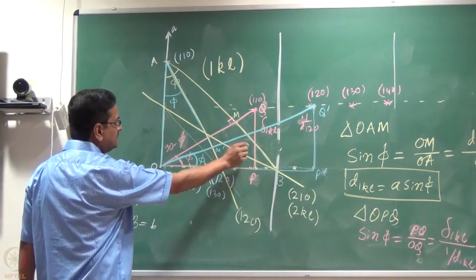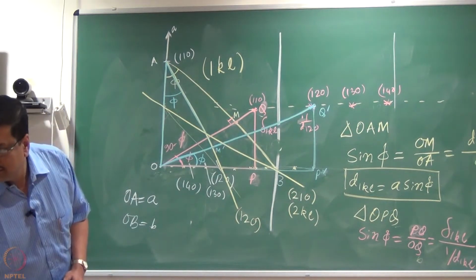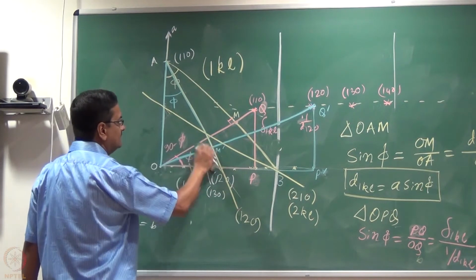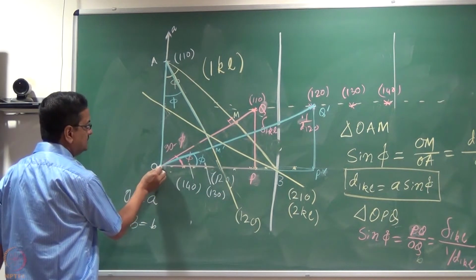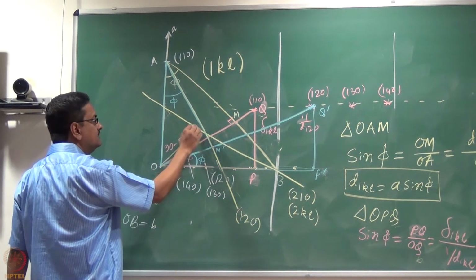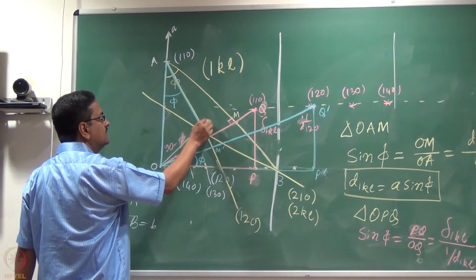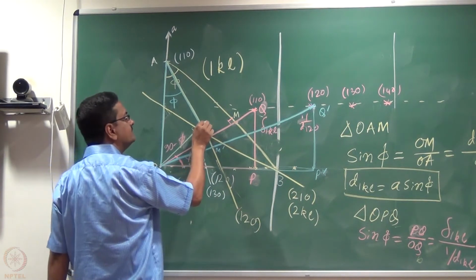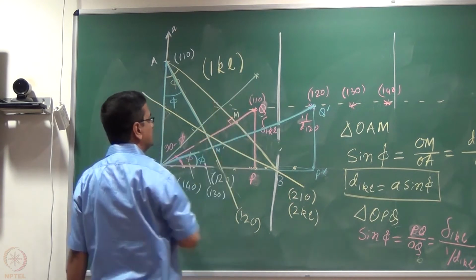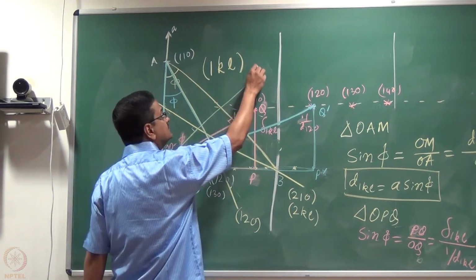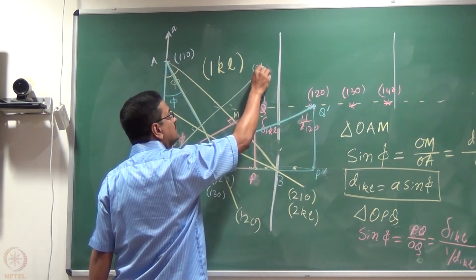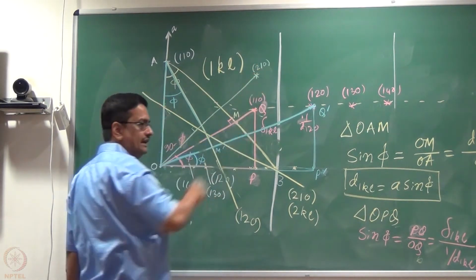So for this particular plane, I am running out of colors. I drop a perpendicular from here to that plane and cut it at a distance here, which is the 210 point.